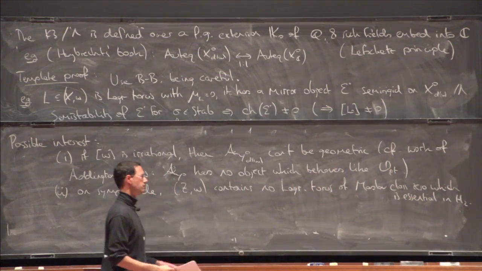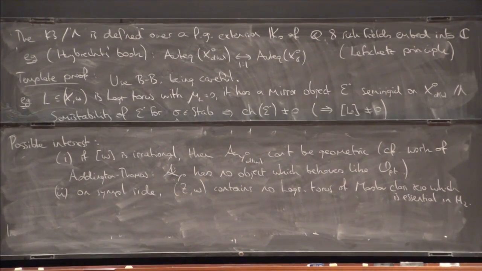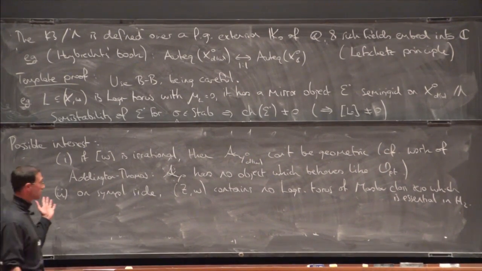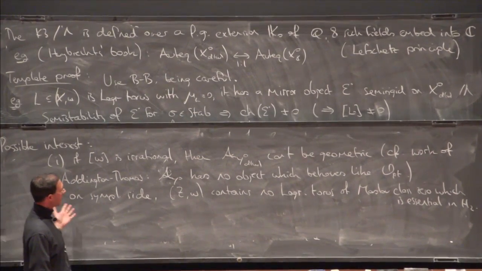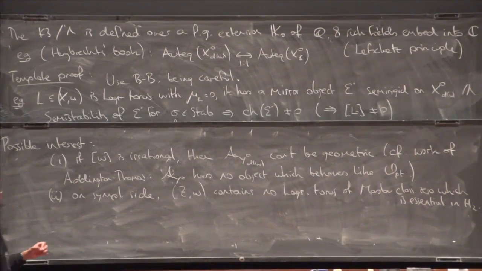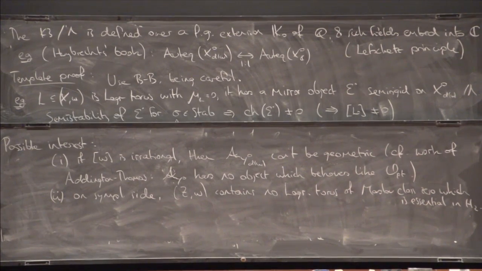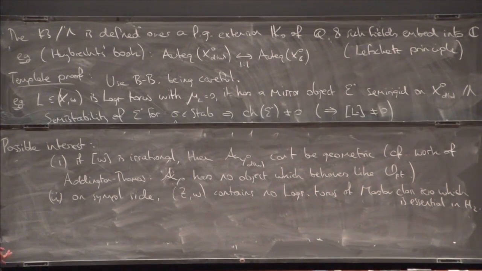Maybe it contains none at all. I'm not quite sure, but at any rate, it couldn't contain a special Lagrangian torus, for instance. This looks to be a setting in which usual ideas about mirror symmetry for K3 in terms of torus fibrations or family Floer theory might struggle.